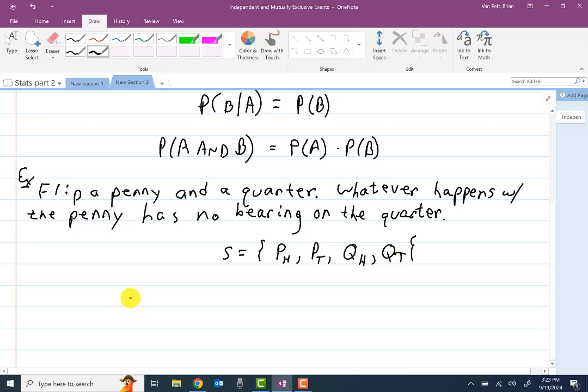Now, as I mentioned, they're independent of each other. What is the probability of both coins being heads?